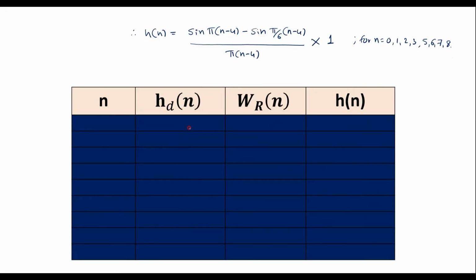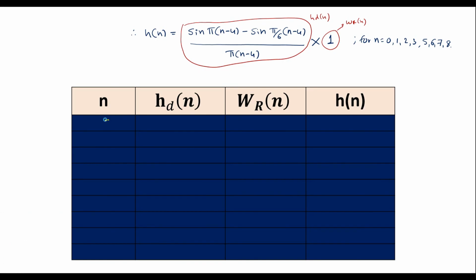Now consider this table. Here n is the variable, this is hd of n, and this is wr of n. The multiplication of these two leads to h of n. Let me find h of n for different values of n.